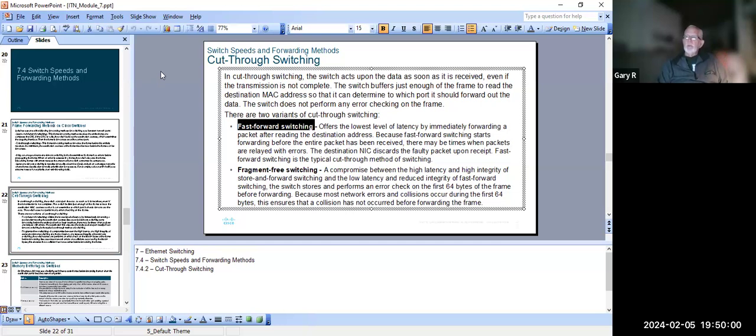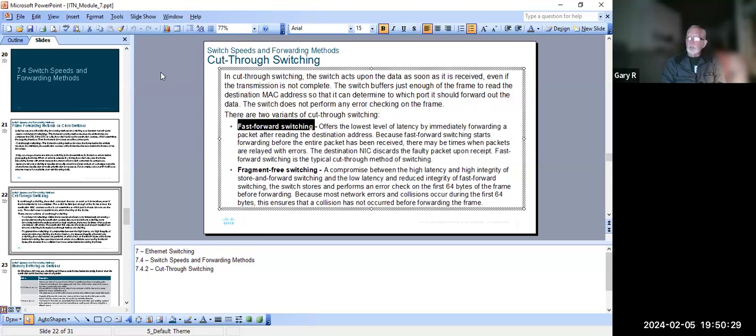But we know that what can happen is that there could be a collision on that frame that could happen before the first 64 bits arrive. So what can happen with fast-forward switching is the switch might actually forward a frame that has been damaged, and that would be a fragment.